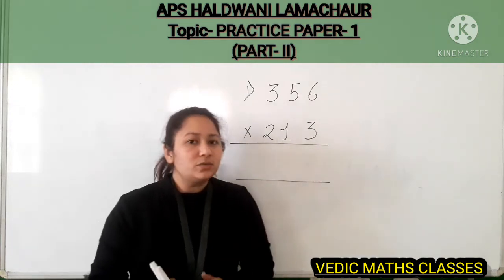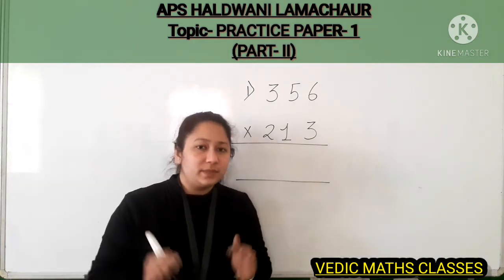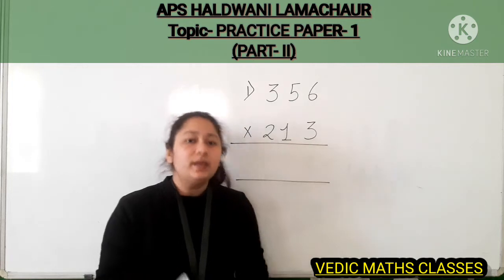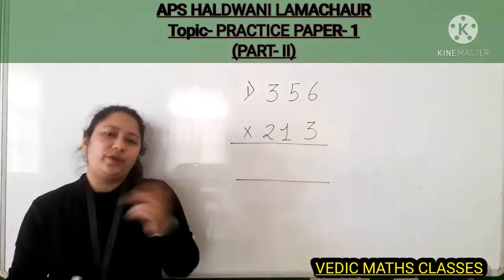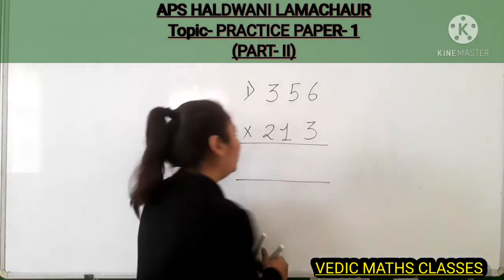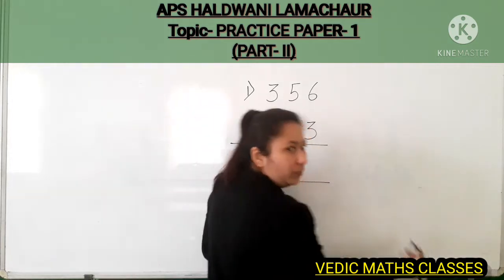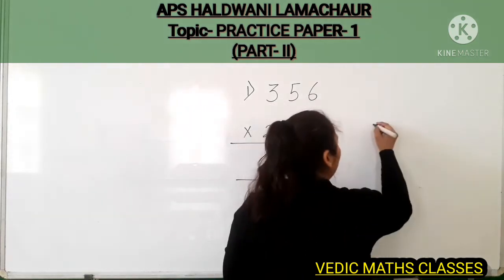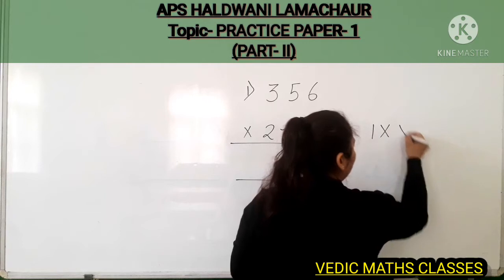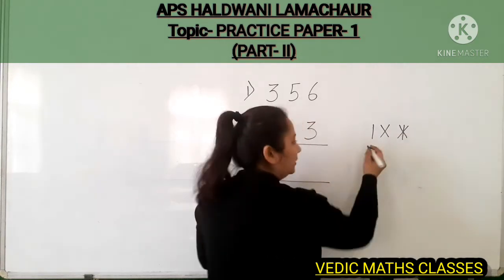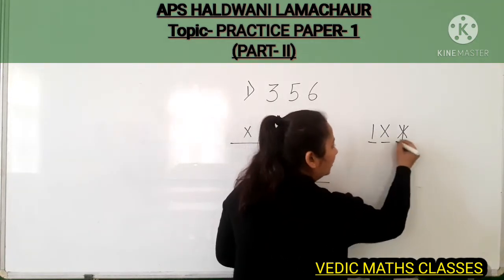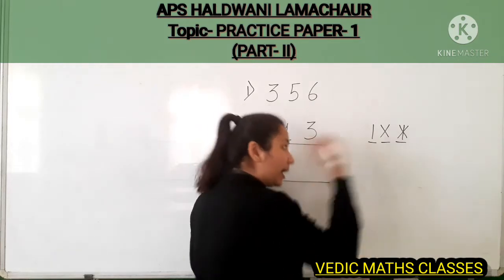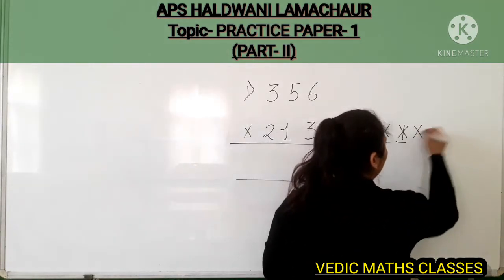So, the students who want it from the base, who want to understand it very nicely, can go through the old videos also. Now, first of all, as you know, in 3-digit, 3 means I, X, 3. See, 1, 2, 3. Now, after 3, repeat counting: 2, 1.